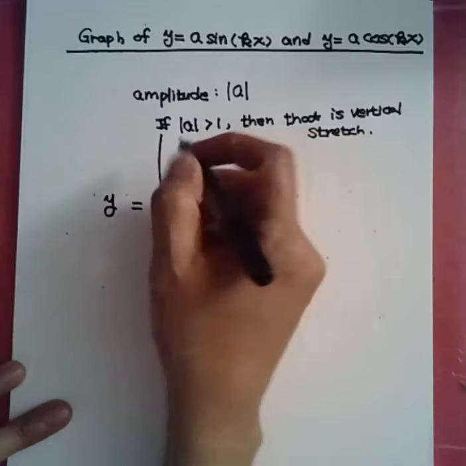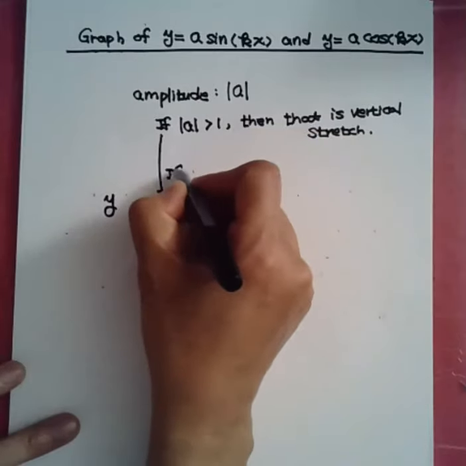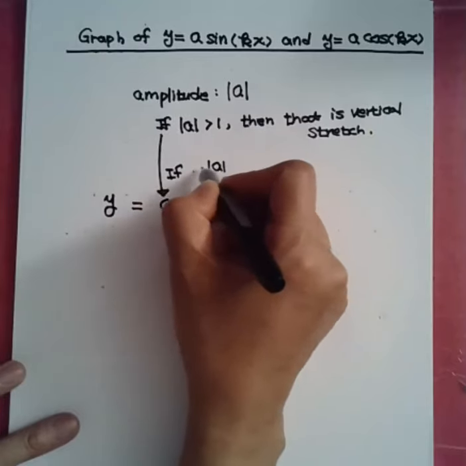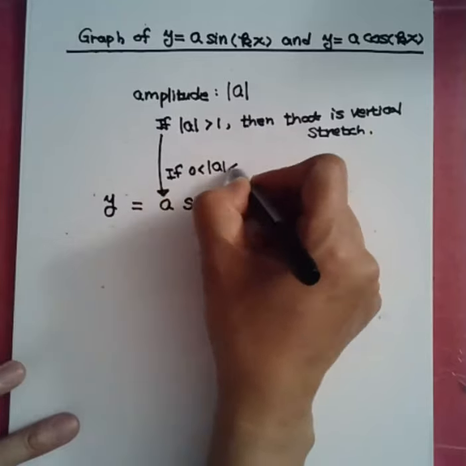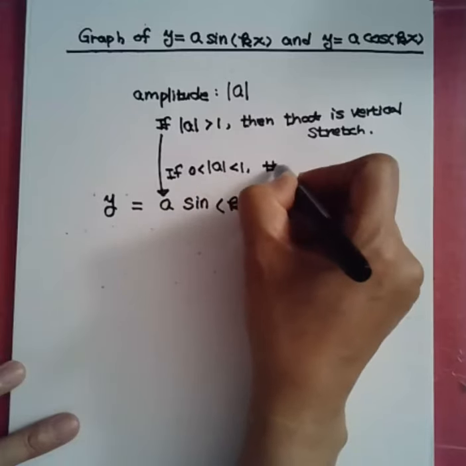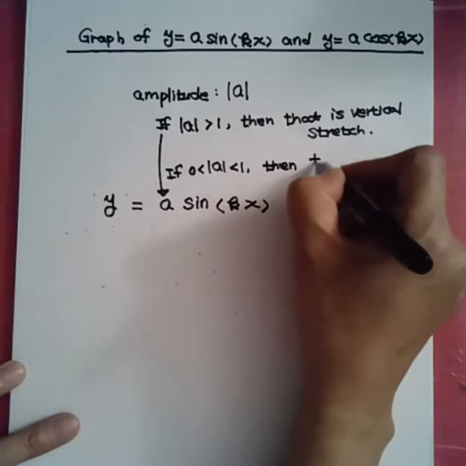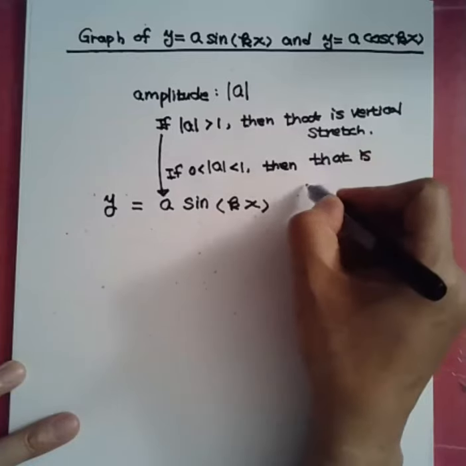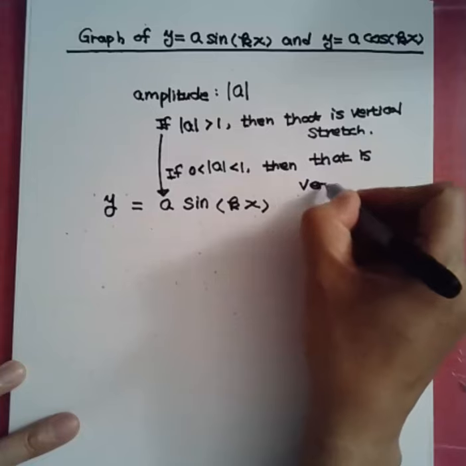So the graph will become taller. If the absolute value of a is greater than 0 and less than 1, then that is a vertical compression.